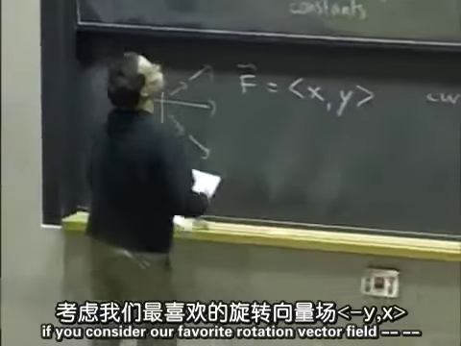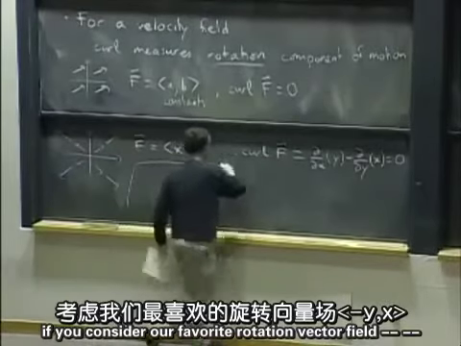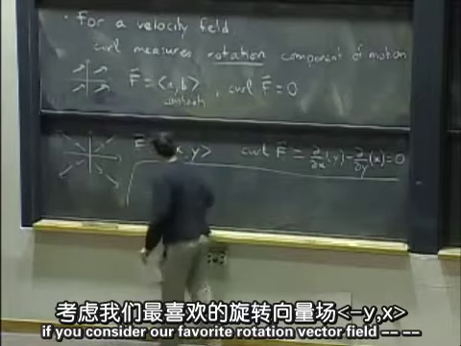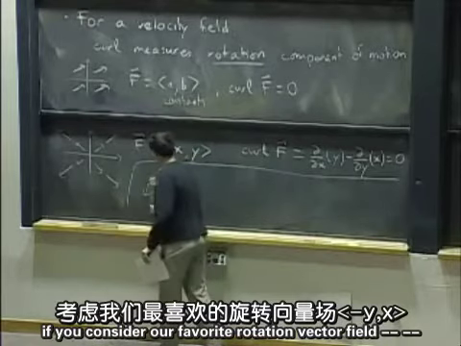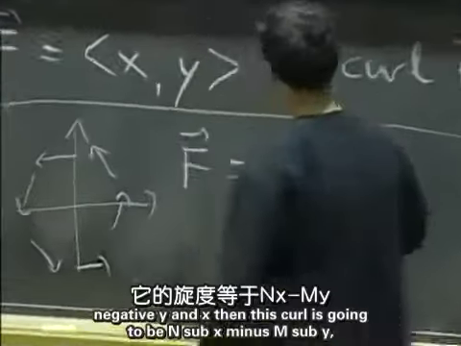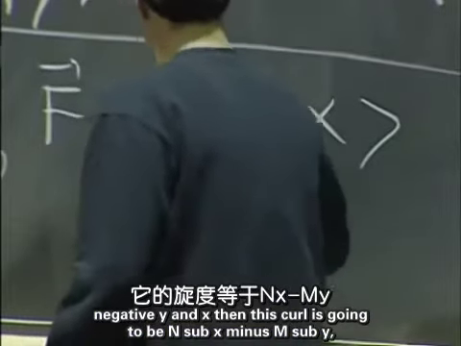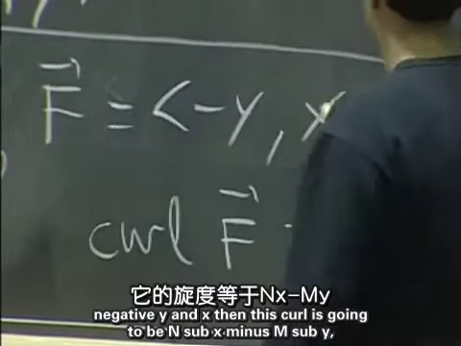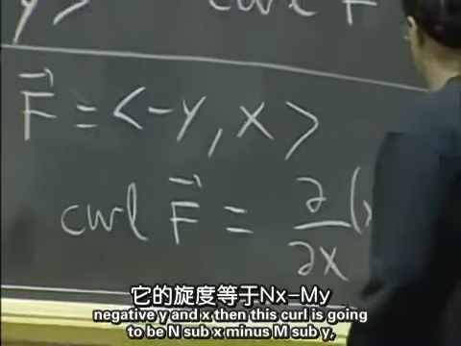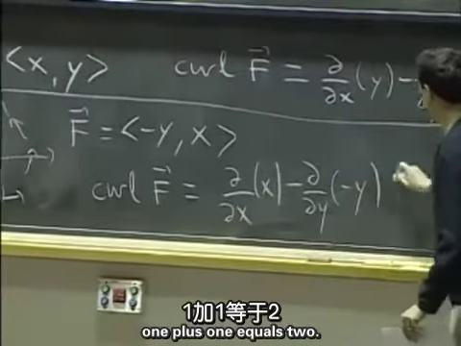On the other hand, if you consider our favorite rotation vector field, negative y and x, then its curl is going to be N sub x minus M sub y, which is 1 plus 1 equals 2.